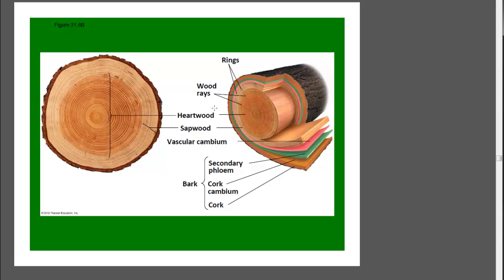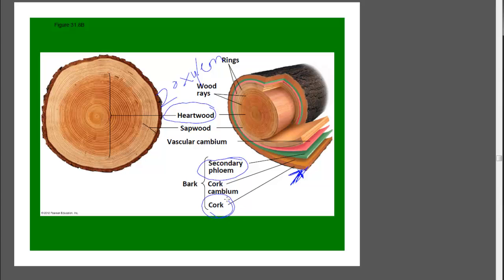All of this inside is going to be secondary xylem. But on the outside, we have secondary phloem here, associated with our bark. So the part of the tree that you could pick off on the outside of the bark is actually called cork.